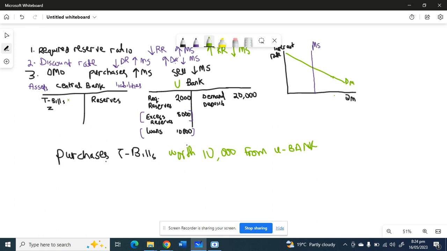So if the central bank purchases 10,000 worth of treasury bills, the asset side increases by 10,000. Assets for the central bank are these treasury bills, which they can buy and sell. Then the liabilities for the central bank are the reserves and the money in circulation.